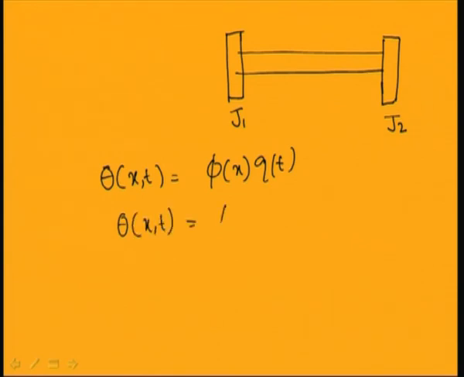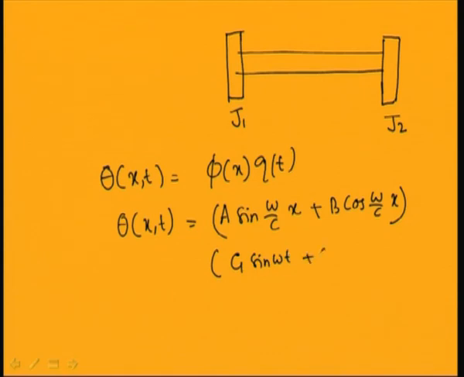For phi x I will write sin omega by c into x plus b cos omega by c into x, multiplied by the time modulation, which equals c1 sin omega t plus c2 cos omega t.